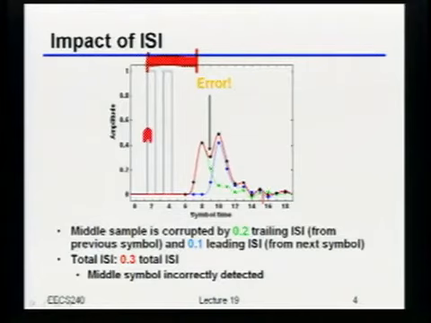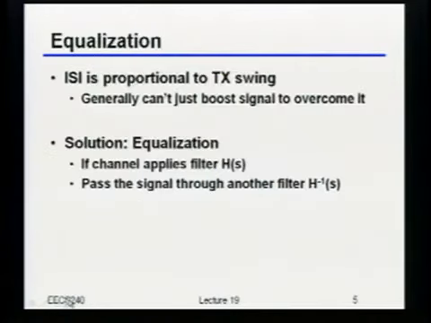So if the ISI was bad enough that all of this residual signal energy was larger than what I'm actually trying to receive, then changing the transmit swing isn't going to fix it, because all of those errors are proportional. So in general, I can't just use larger swings to fix these types of problems with the channel. I actually have to do something else.